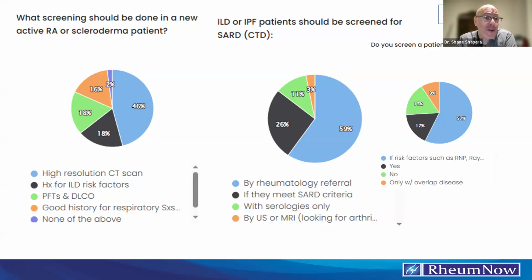I wasn't on the guideline committee, so I can't say what their thinking was, but I think it comes back to what Elana was saying, that we know in scleroderma the rates of ILD are very high. So we're really thinking that the vast majority of those people should be screened, whereas in RA it's not entirely clear, particularly when we're talking about early in the disease, like Brian has been mentioning.